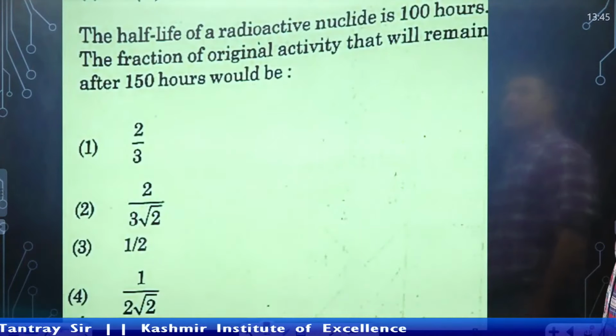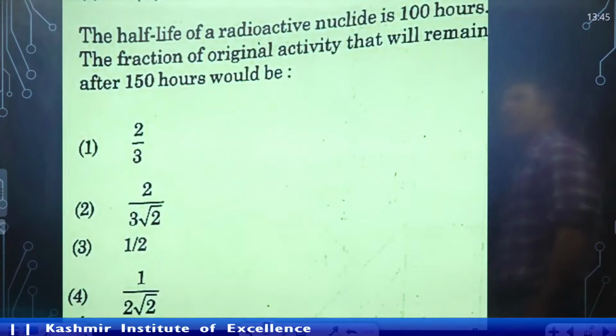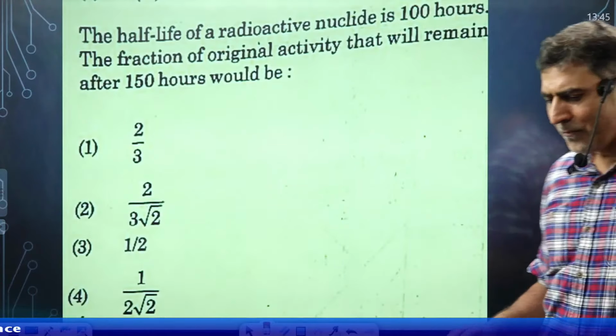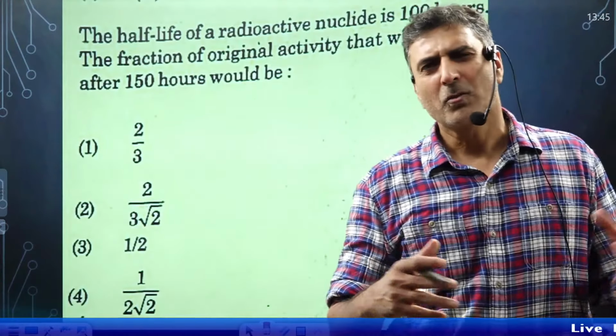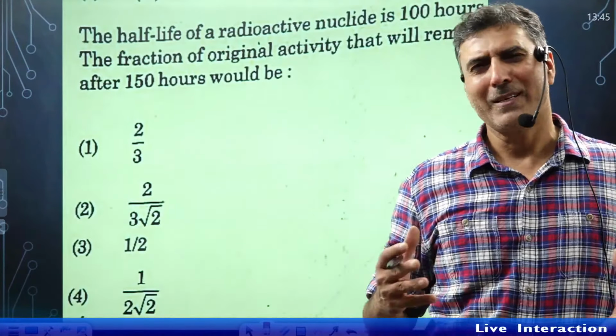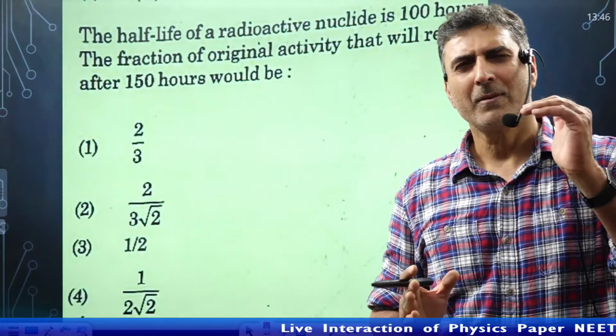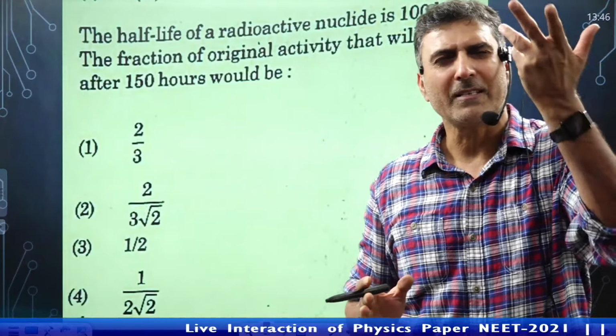The half-life of radioactive nuclei is 100 hours. The fraction of original activity that will remain after 150 hours is, you see, there are so many radioactive equations from chemistry and from physics. You can start with any equation you like. Within 2 steps, or maybe 2.5 steps, you can get the answer.